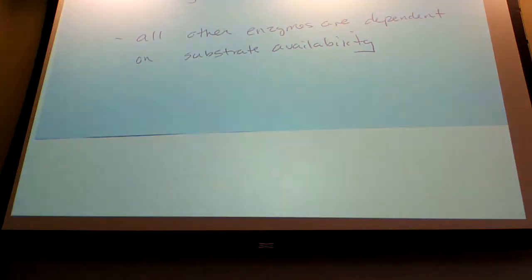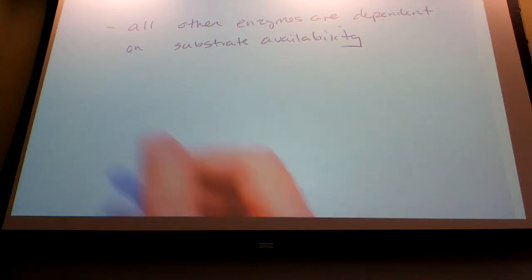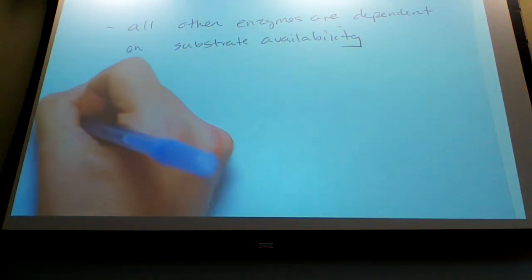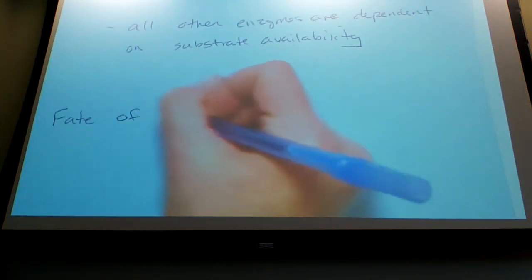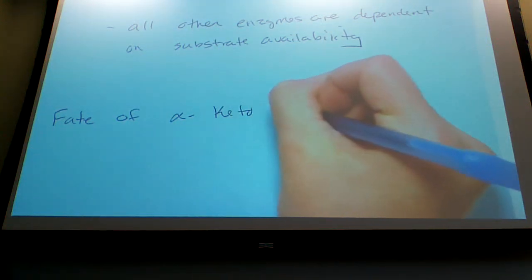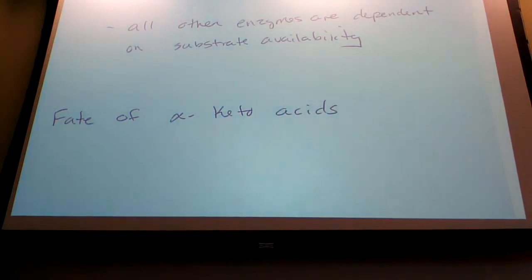Okay, so we have urea, liver sends it out to the bloodstream. We figured out what happened to our fumarate, but we got some other things to consider. So this is fate of alpha keto acids. And so we have all these different amino acids that we can break down for fuel, but they don't all go to the same place initially.